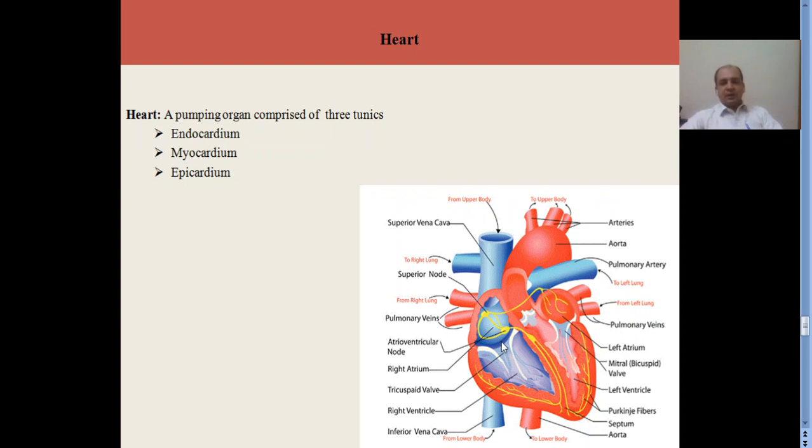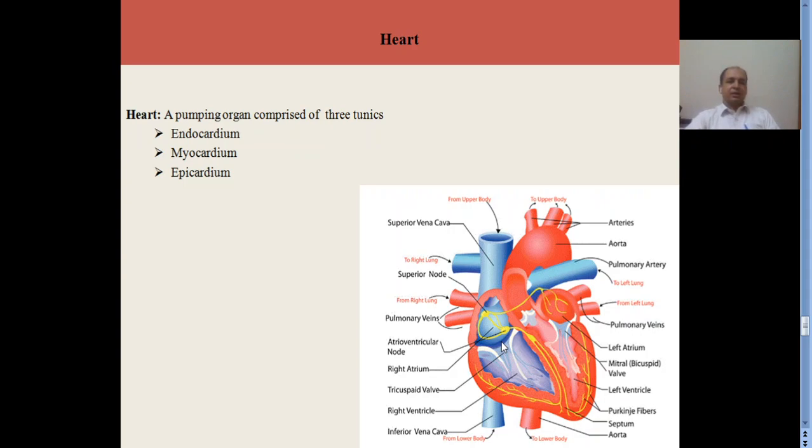As far as we are concerned with the histological features of the heart, basically the heart consists of three main tunics, means the walls of the heart consist of three main components, or three main layers.